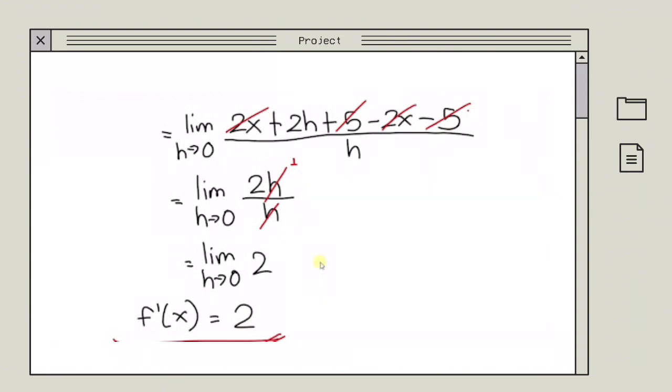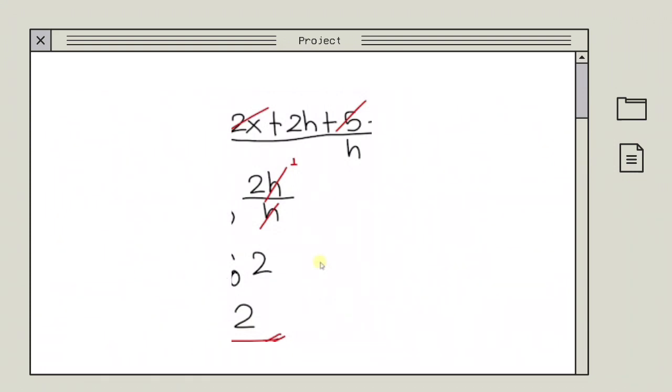Then we will be left with the limit of our 2 as h approaches 0, and then limit of a constant. Kahit saan pa tayong nag-a-approach, ang sagot lang natin is our constant by applying our limit theorem. So our f prime of x is just equal to 2. This is the derivative of our function 2x plus 5.